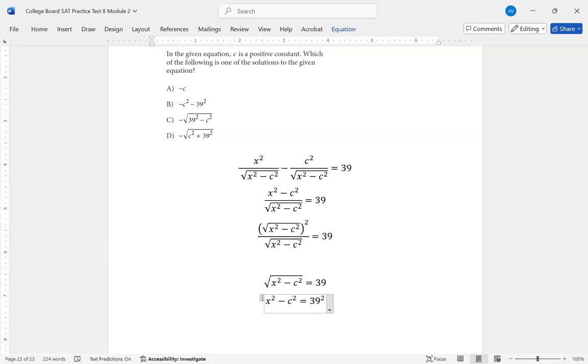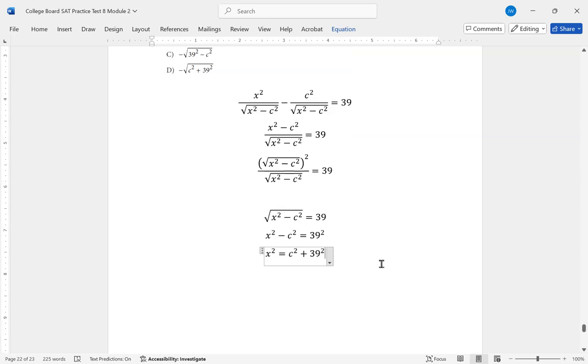And then I'd add c squared to both sides. So x squared is equal to 39 squared plus c squared, or c squared plus 39 squared. I'm leaving it as 39 squared because that's the way my answers give it to me. And so x could be either the positive square root of this or the negative square root of that.